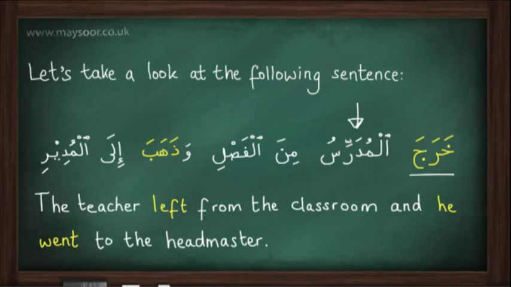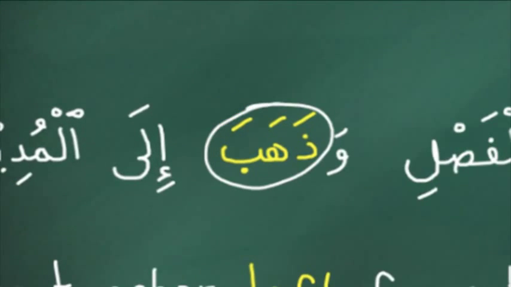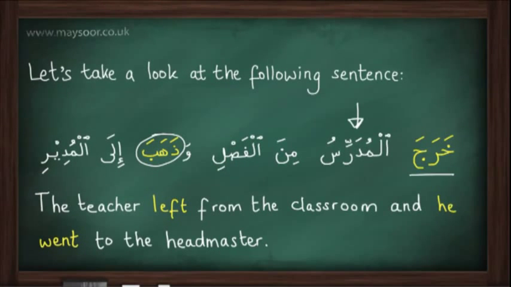Now when we look at the second part of the sentence, وَذَهَبَ إِلَى الْمُدِيرِ, the verb ذهب means he went. The pronoun he, as we've previously mentioned, is hidden inside the verb. In this example, the action that was done was carried out by the teacher, who has already been mentioned.